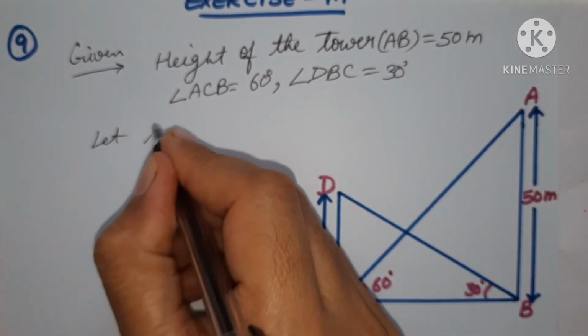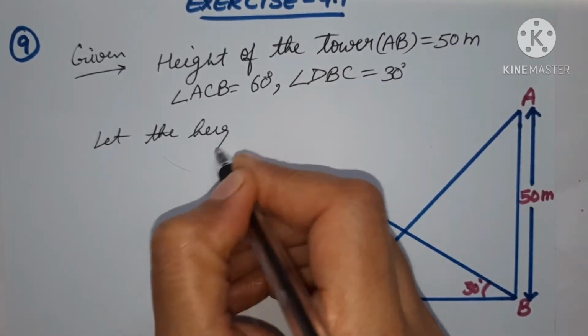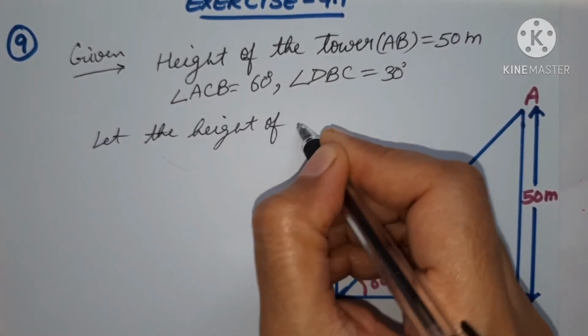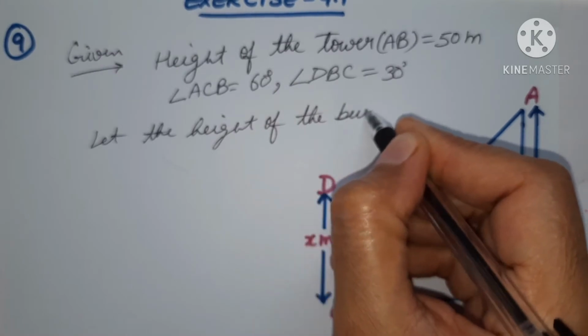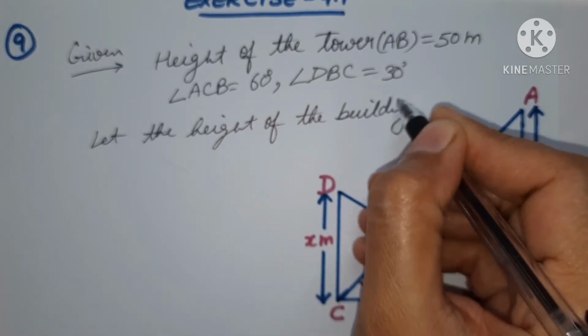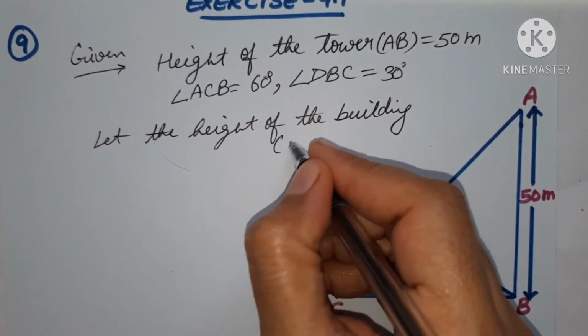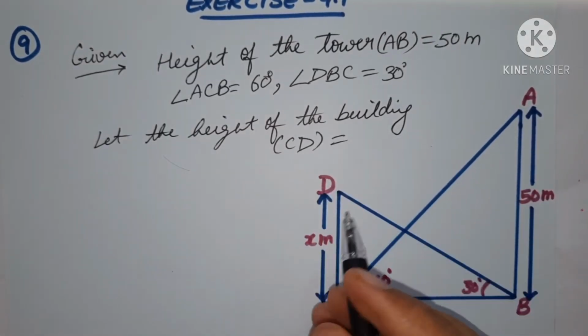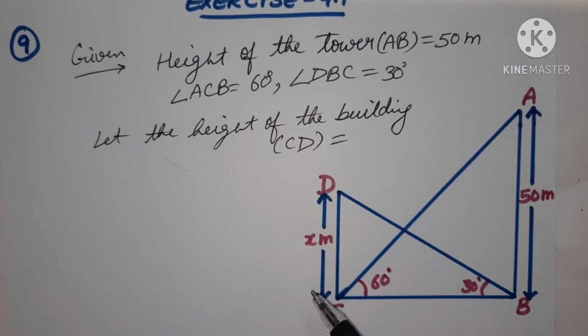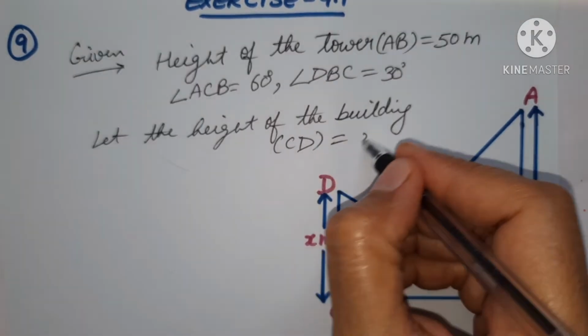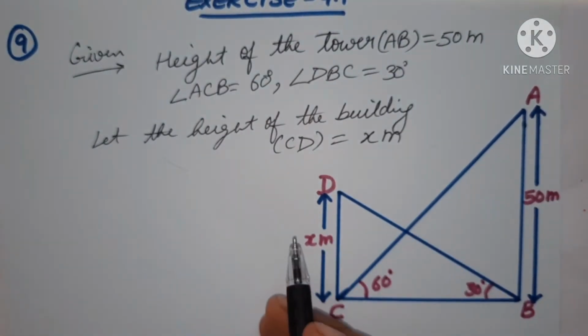Now let the height of the building, which we don't know, and the building is CD. So we are considering the height of this building CD as X meters because we don't know it.